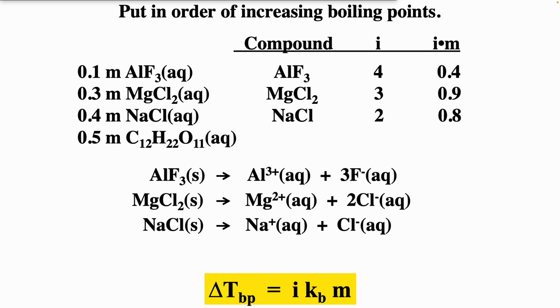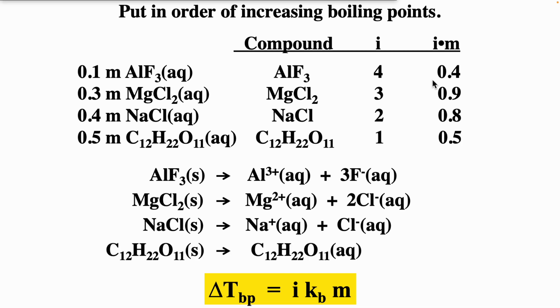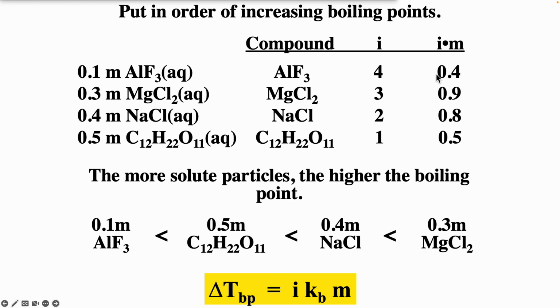Sodium chloride has a van 't Hoff factor of 2, and this is an organic, and so it doesn't break apart, and so it has a van 't Hoff factor of 1. And so i times m, so we see that the magnesium chloride has the largest i times m, and so it should have the highest boiling point, and the aluminum fluoride should actually have the lowest boiling point.